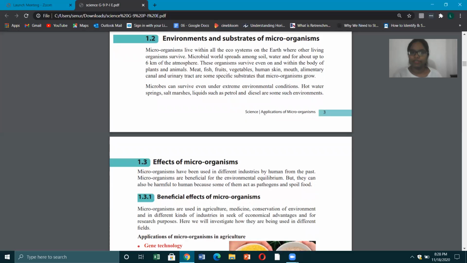Microorganisms can survive even under extreme environmental conditions. Hot water springs, salt marshes, liquids such as petrol and diesel are some such environments. So, what do you mean by extreme environmental conditions?